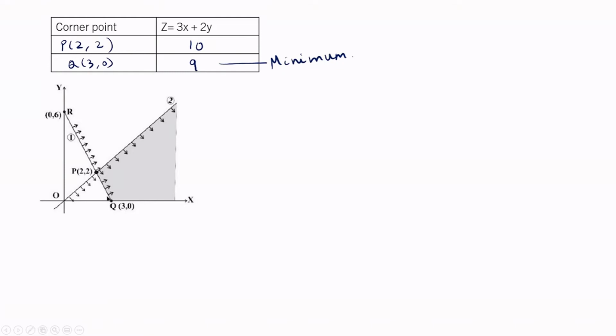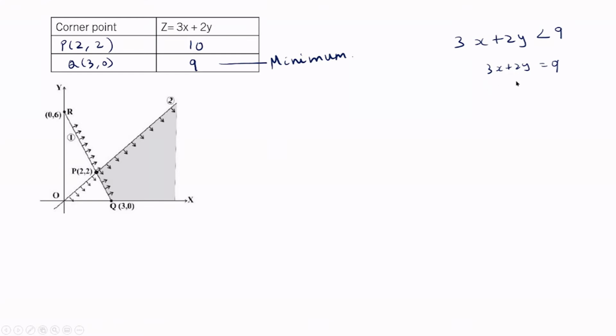Now since here the feasible region is unbounded, we have to check for the inequality 3x plus 2y less than 9. So first we have to draw the line 3x plus 2y equal to 9, and then we have to see whether this inequality crosses the feasible region or not.